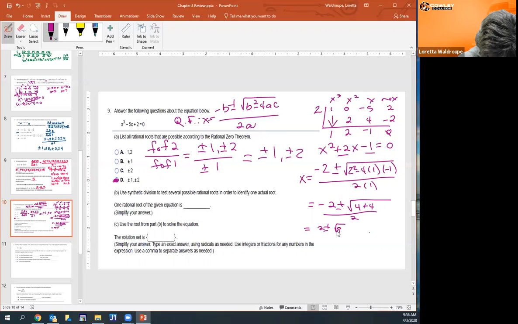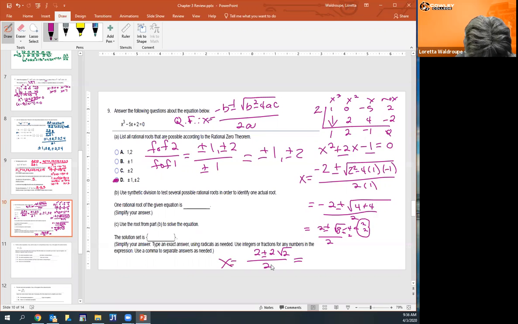So that's the square root of 8. But 8 breaks down into 2 times 2 times 2. And since I have a pair of 2's, I now have 2 plus or minus 2 radical 2 over 2.